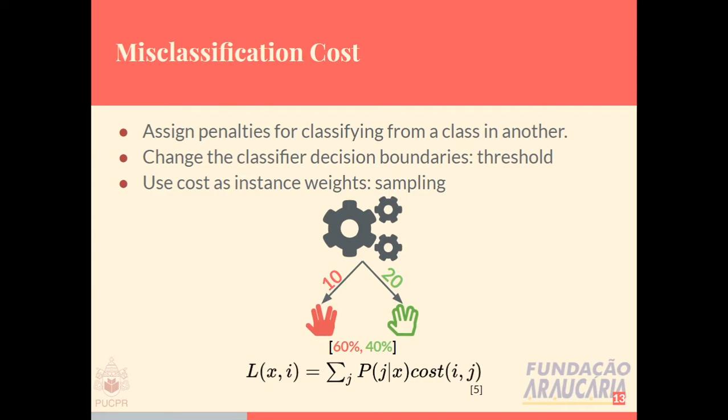This is what we call threshold because we are changing the classifier decision threshold. Another way to induce cost sensitivity to a classifier is by considering the cost as example weights. That would be oversampling and undersampling by cost.